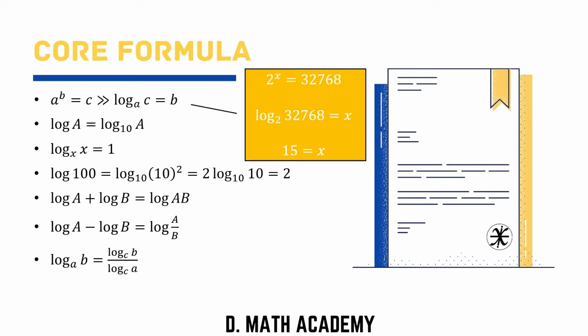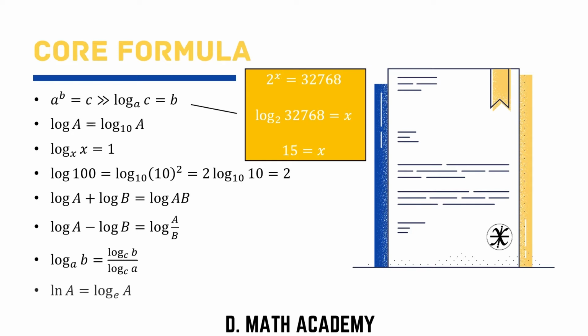The result of it at the numerator will be the original value, which is b over there. And we divide it by log c, which is the base, and we take the original base and put it right at the result section. This might sound a little bit vague right now. However, later on when we go through the questions, you'll be able to understand it.